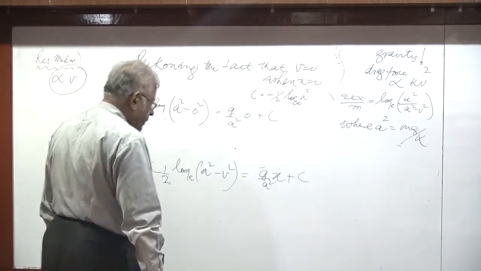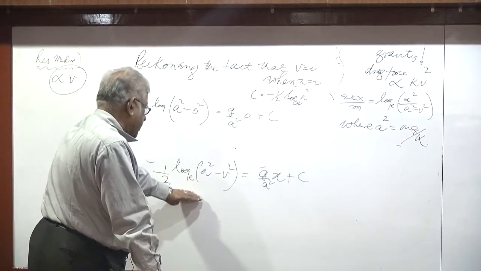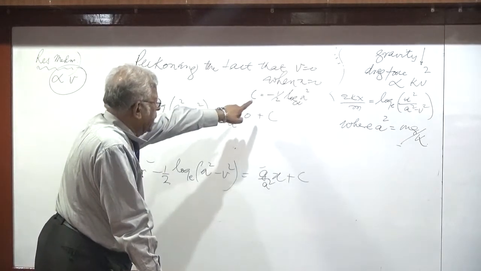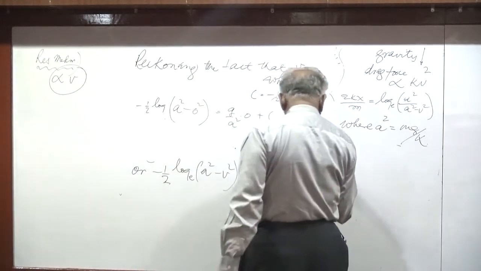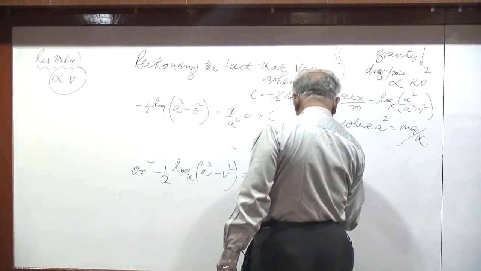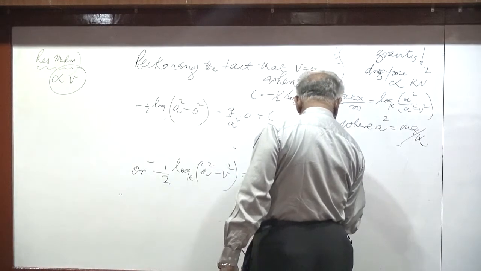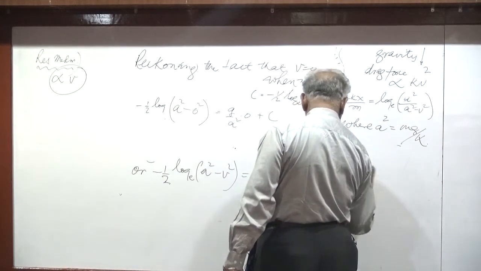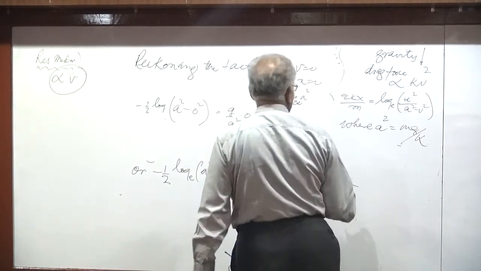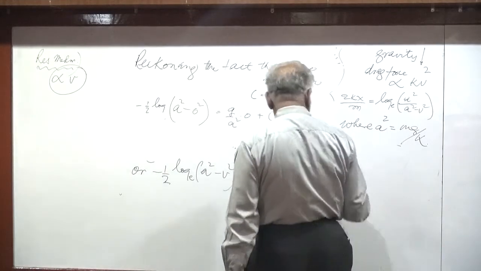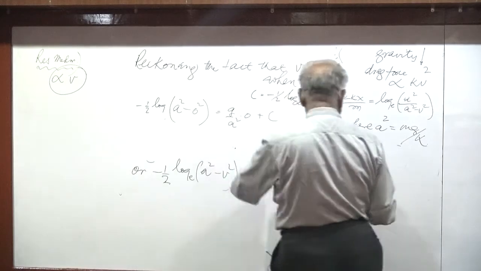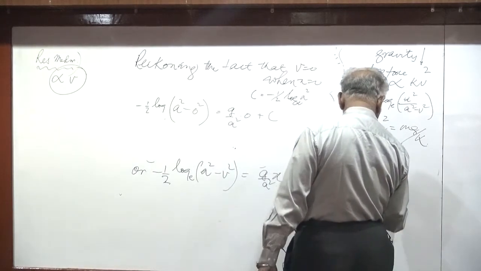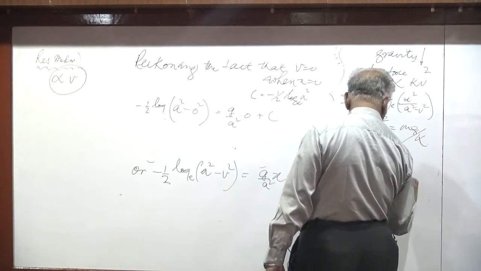So there we are. We can write this equation once again, putting that particular value of c here. So we carry on writing this as gx over a square plus this minus is fine, half log a square.